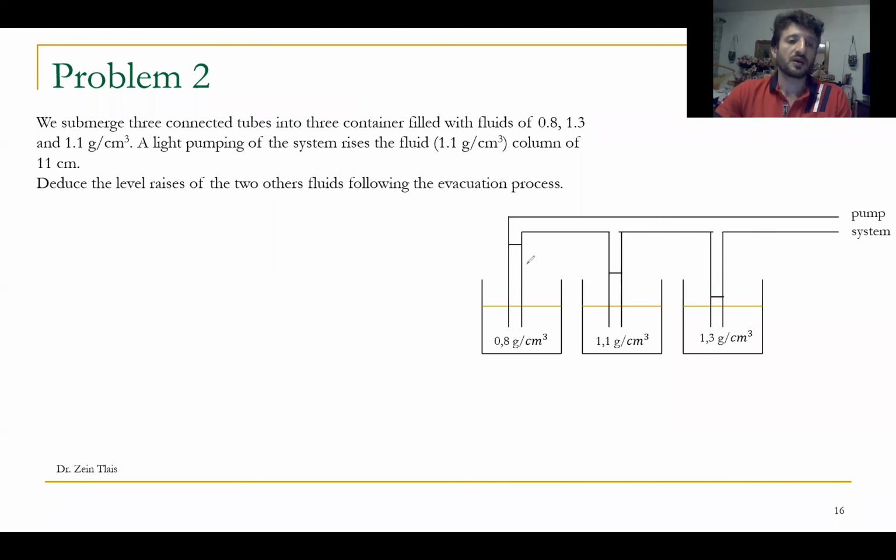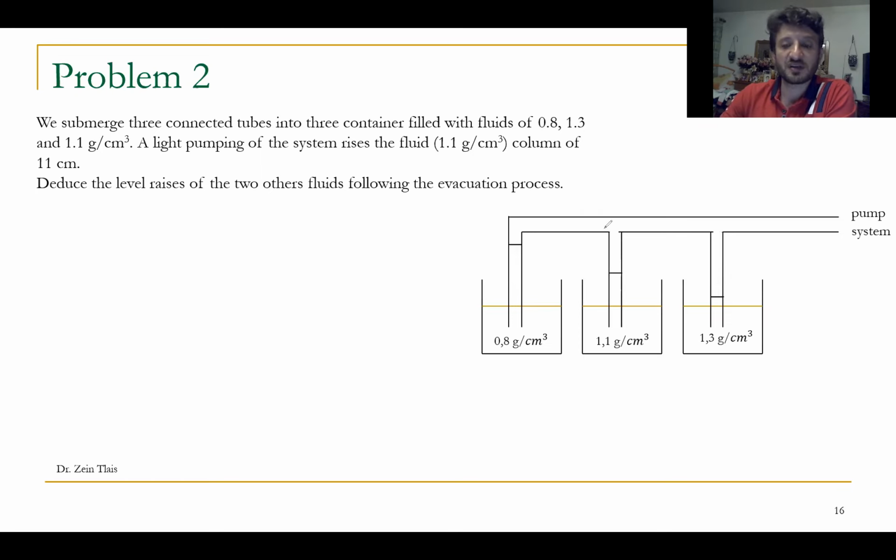Problem 2: we submerge 3 connected tubes into 3 containers filled with fluids of density 0.8, 1.3, and 1.1 gram per centimeter cube.